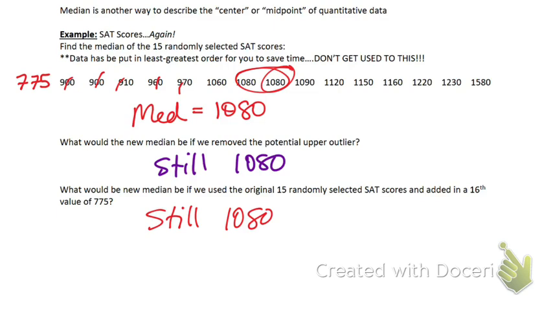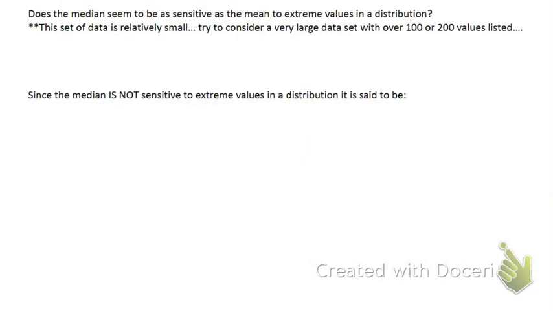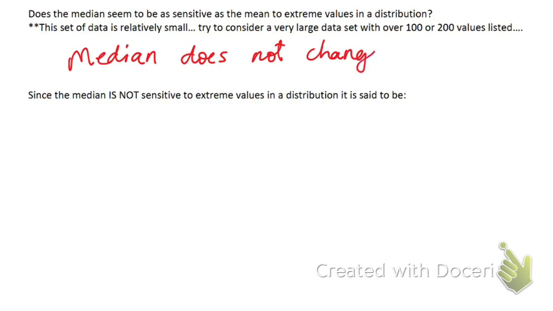It is going to be affected if you have a small data set, but again, in large data sets that we usually work with in stats, it's not going to change very much. So because of that, our median is not going to change much. So the median does not change much, if any.